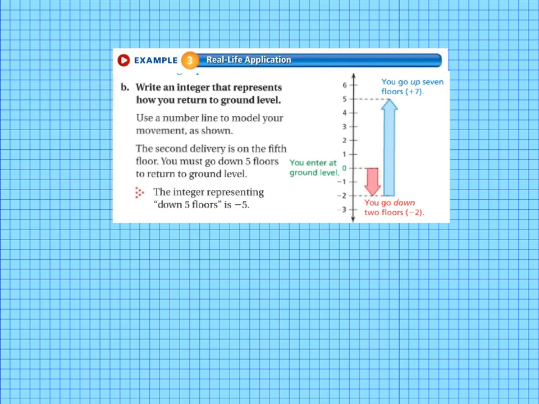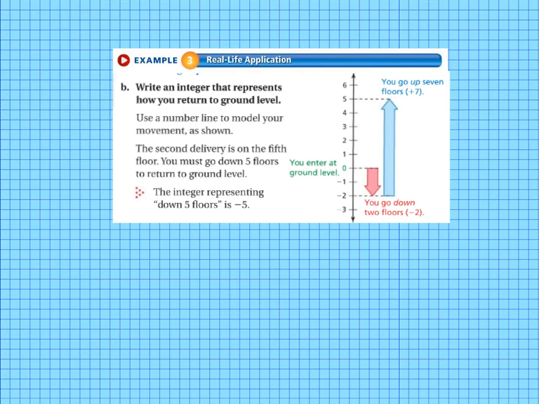And to continue with part B of example 3, we now need to write an integer that represents how you return to ground level. So our strategy here is to use a number line to model our movement.